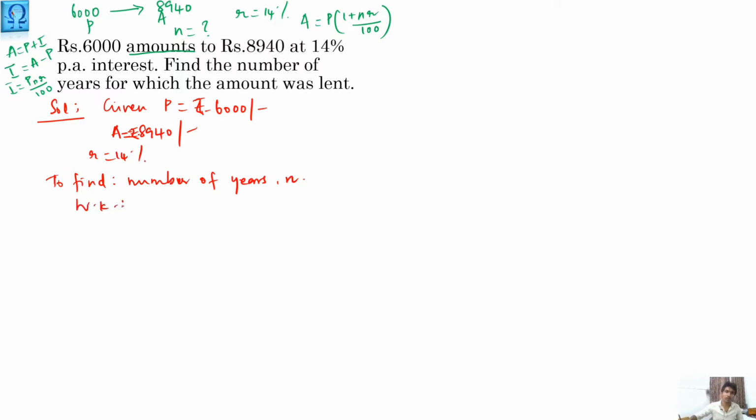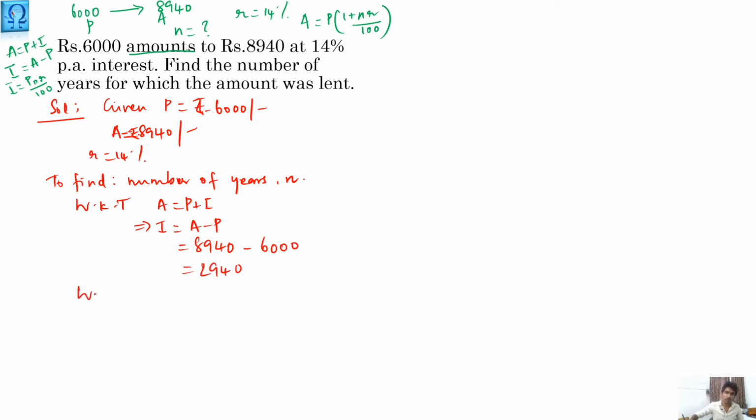We know that amount can be written as principal plus interest. This tells you interest is amount minus principal. What is the amount you have? That is 8,940, sorry, 8,940 minus 6,000, and this is 2,940.